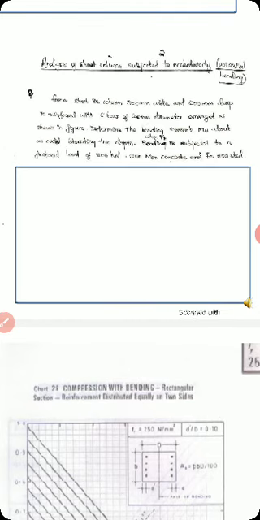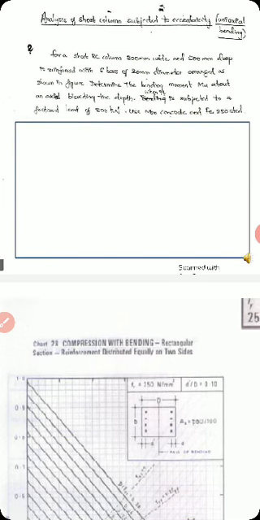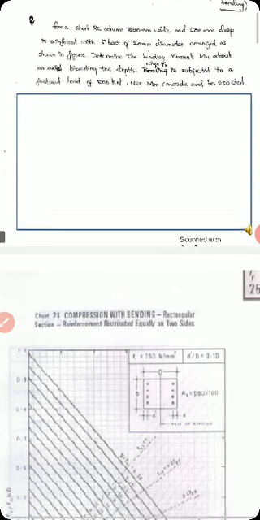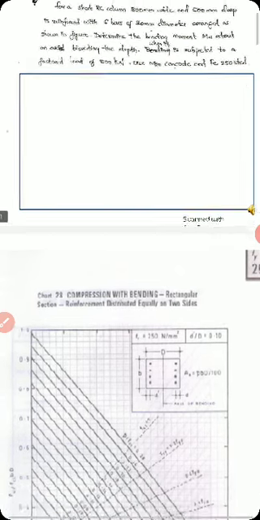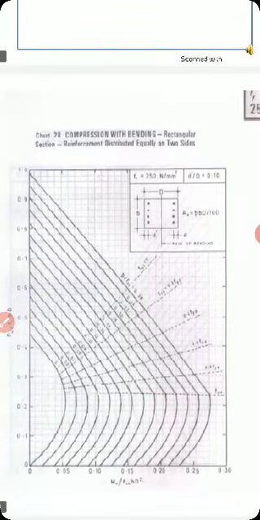It is given that it is a rectangular column with width equal to 300 mm and depth 500 mm, and it consists of reinforcement of 6 bars of 20 mm diameter. So we can calculate Ast, which is equal to 6 into pi by 4 into 20 square. We can find out the value of ultimate bending moment using SP16.